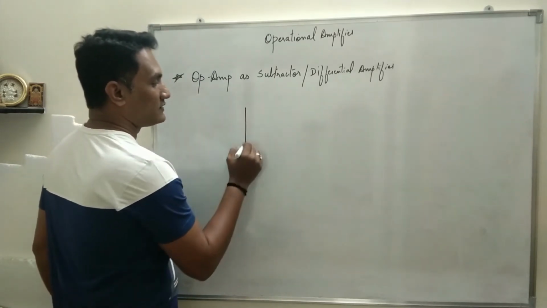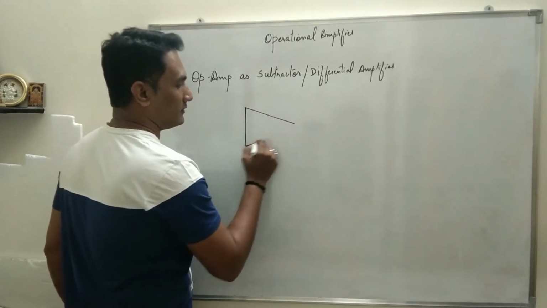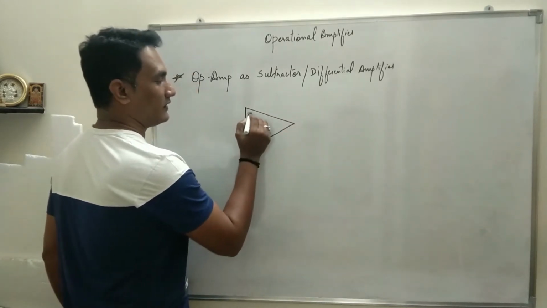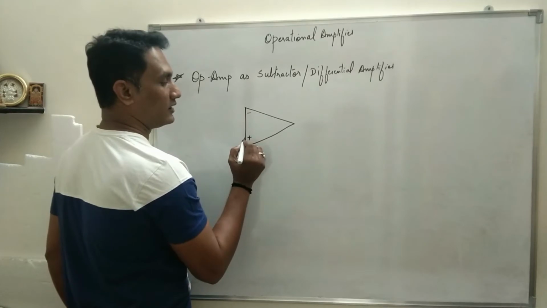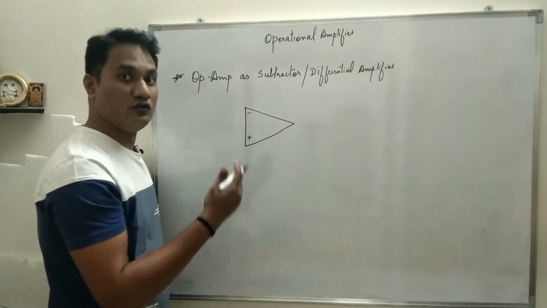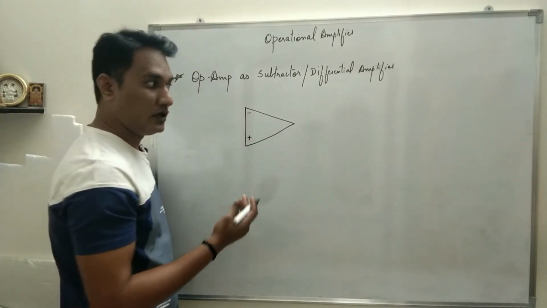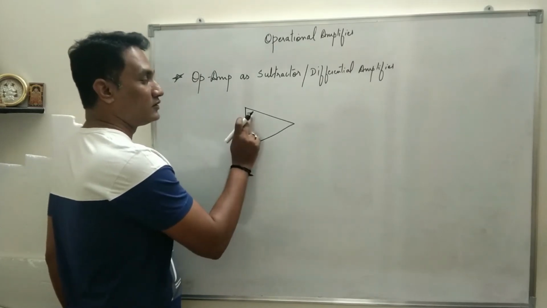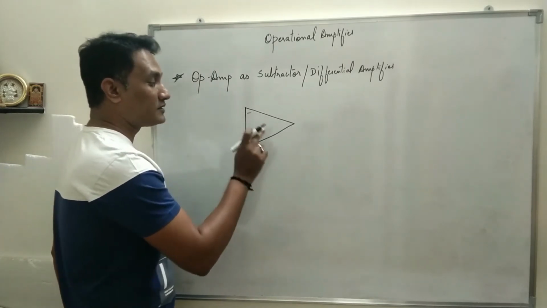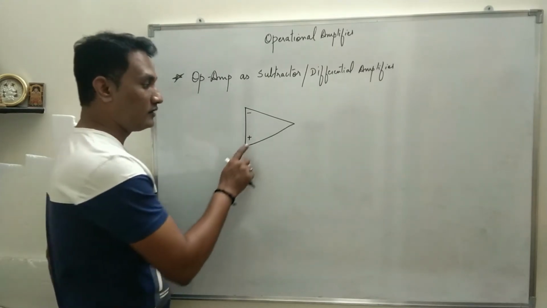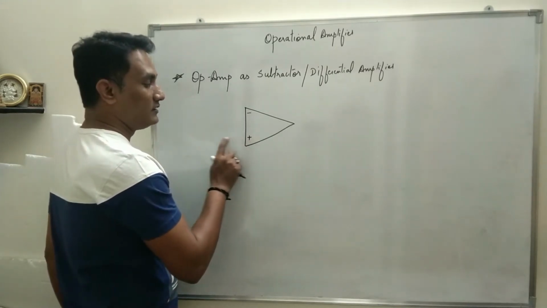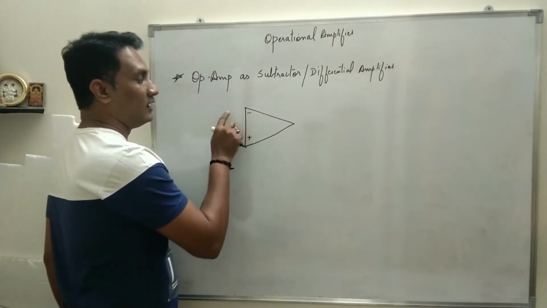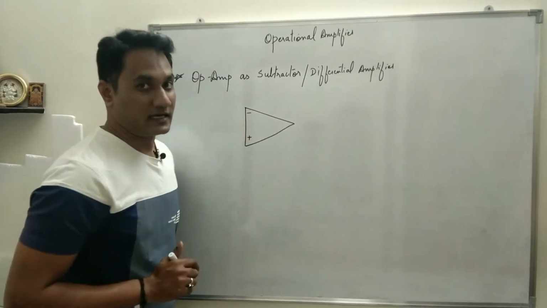Okay, so see the circuit diagram. You have inverting and the non-inverting terminal. When you use op-amp in inverting mode, you connect the non-inverting terminal to ground and input is given to the inverting terminal. When the op-amp is connected in non-inverting mode, input is given to the non-inverting terminal and the inverting terminal is grounded, right?